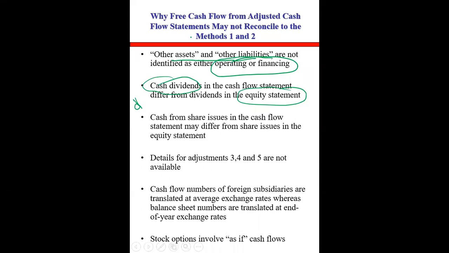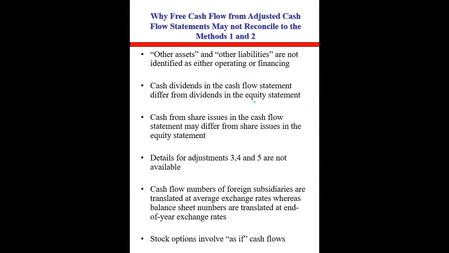And how much cash flow we have received by issuing share. We have seen that it is available in the cash flow from financing section in the cash flow statement. But sometimes you will see that this amount differs in the statement of shareholders' equity. So we do not know what is the reason that these are causing differences. So that is the reason why these differences arise.